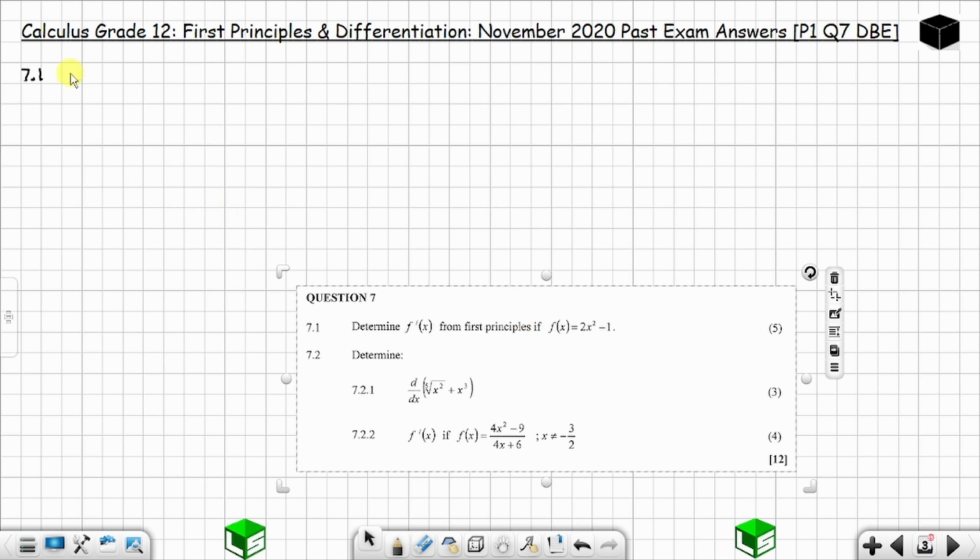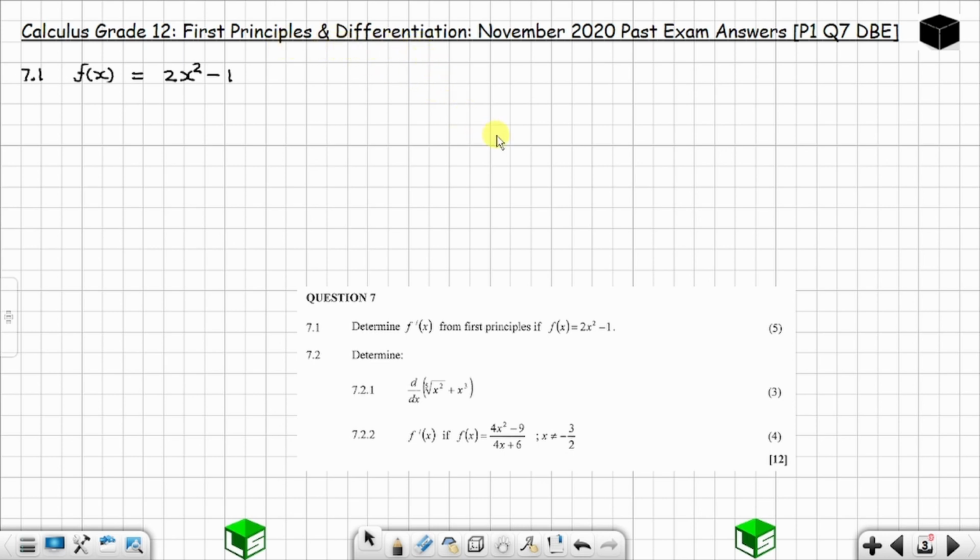Okay, so f of x is equal to 2x squared minus 1. You are given that. Before you solve this question using the first principles, you can quickly check what your answer will be by using the rules of differentiation.